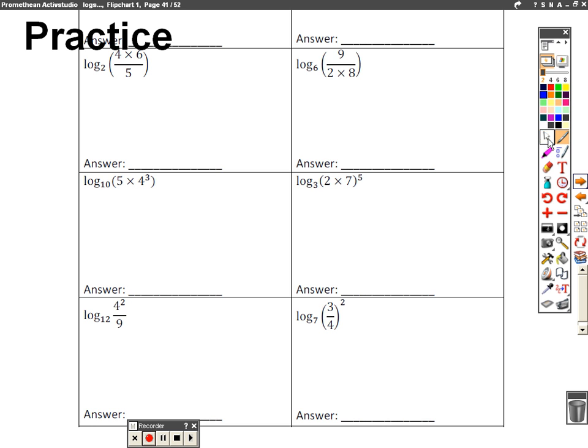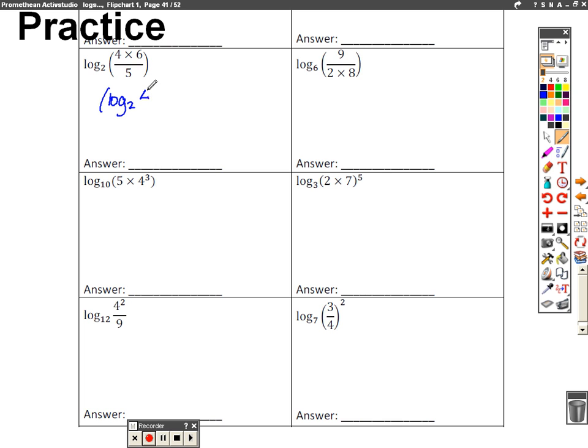You could try expanding. So practice some of these. Here we have 4 times 6 divided by 5. So I have a couple things happening. Log base 2 of 4. Because it's times, I'm going to go plus log base 2 of 6.